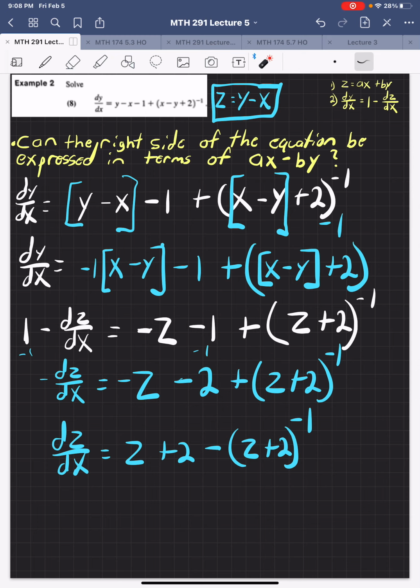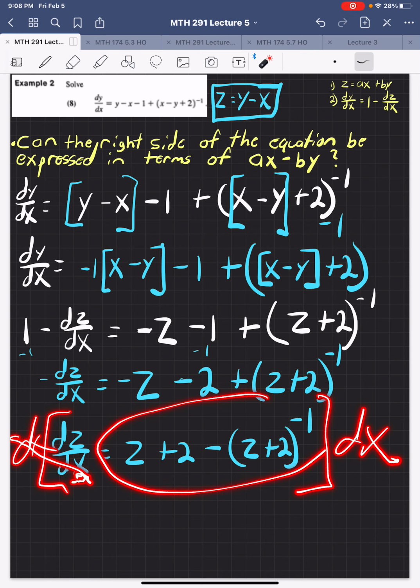At this stage, this is separable. Remember, if it's separable, you want your dz on one side and your dx on the other side. To do this, I'll show you really quickly: you would multiply by dx on both sides. That would get rid of this dx here. And notice, look at the right side of that equation. Notice how everything is in terms of z.